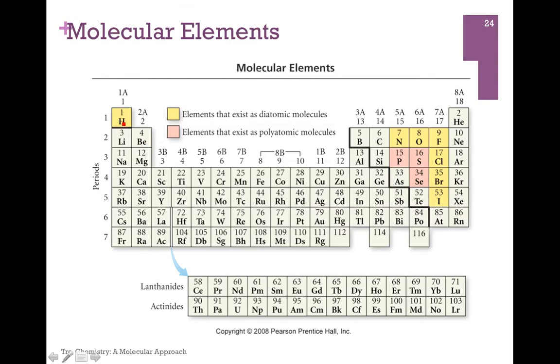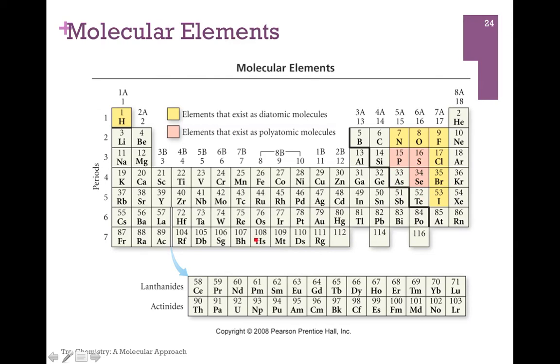Hydrogen is a diatomic. You see this kind of like a 7 right here. So nitrogen to iodine, those are all diatomics. And then here are your polyatomics, they exist as more than 2.